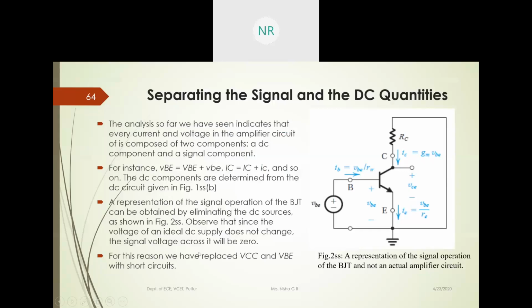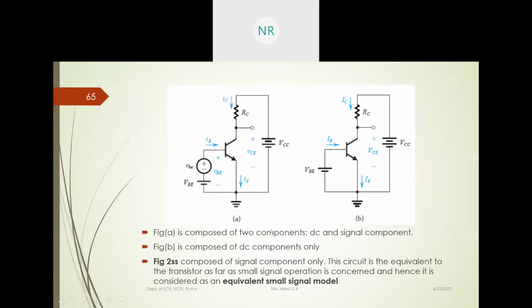This figure is composed of DC and AC components. The third figure consists of only the DC components. The first figure we have seen is composed of the signal component only. This circuit is equivalent to the transistor as far as small signal operation is concerned, and hence it is considered an equivalent small signal model, because VBE, VBB and VCC are replaced with a short circuit.